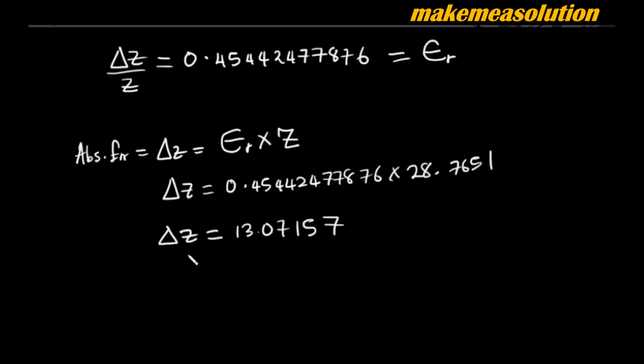So this is the absolute error in measuring the quantity z.